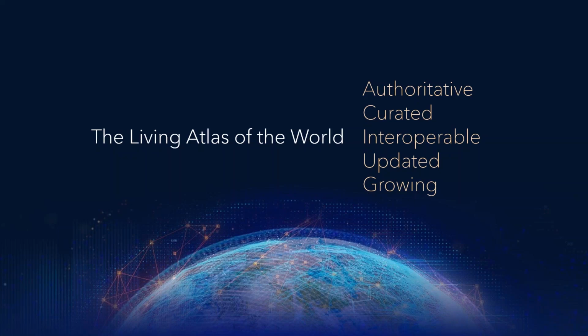But we're always looking to keep the content in Living Atlas, especially that authoritative information, up to date as possible. And 5, the last thing is it's growing. We have almost 10,000 different items in Living Atlas right now, and that's growing every year because of contributions from people like you that are in the Esri community.